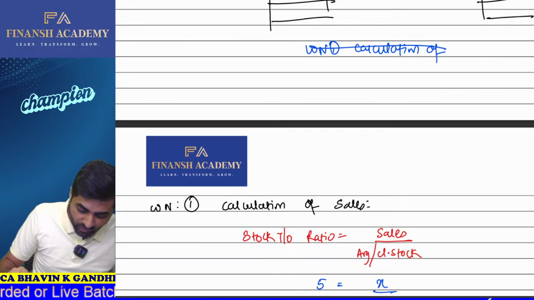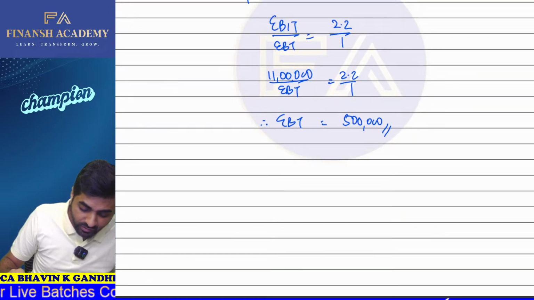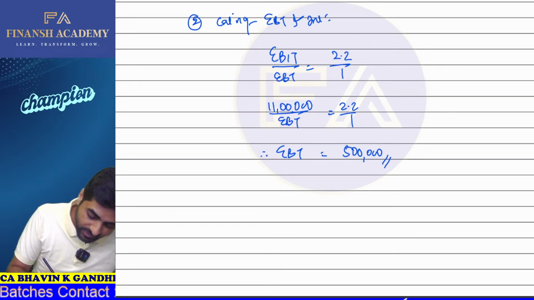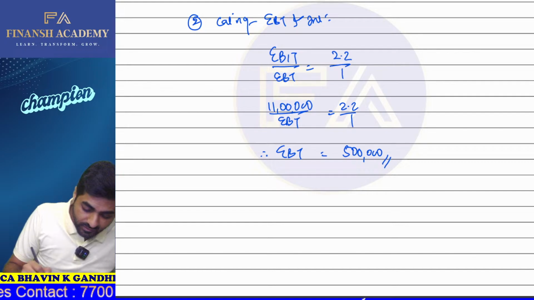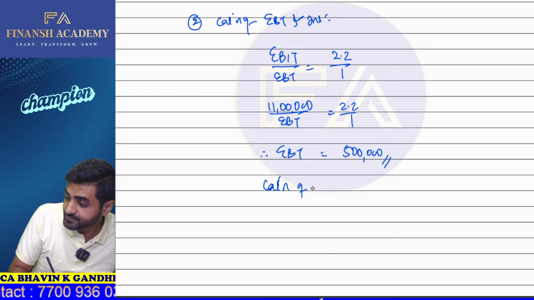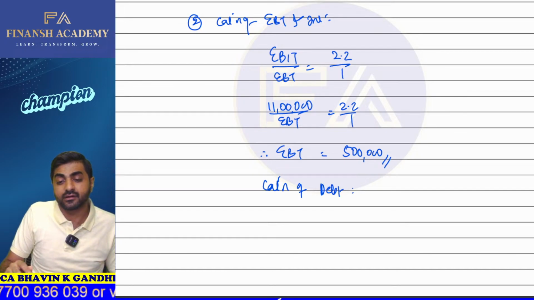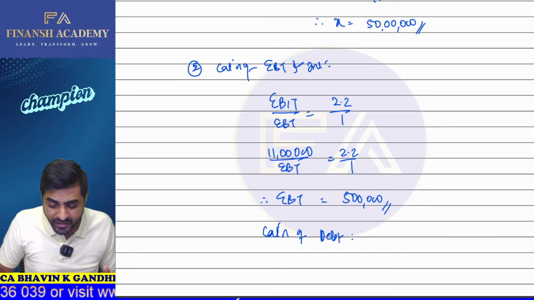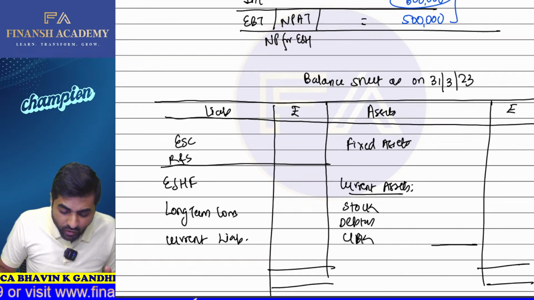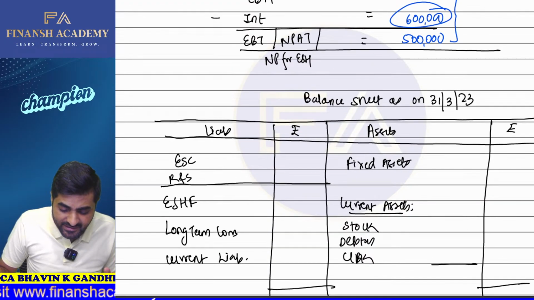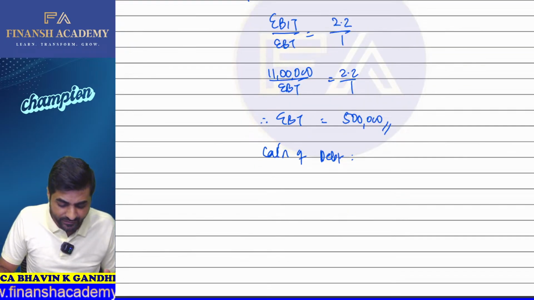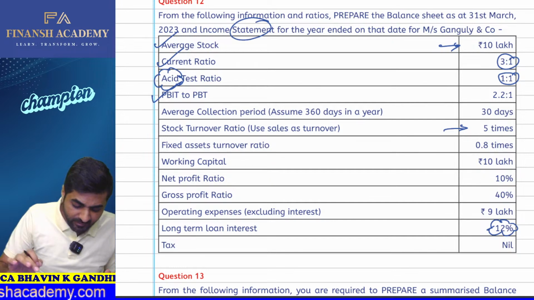Here we have already done working note number 1 and working note number 2. So here we'll write down calculation of debt. Now, what is the amount of the interest which we have got? We have got the amount of the interest as 6 lakhs and we know the rate, which is nothing but 12%.